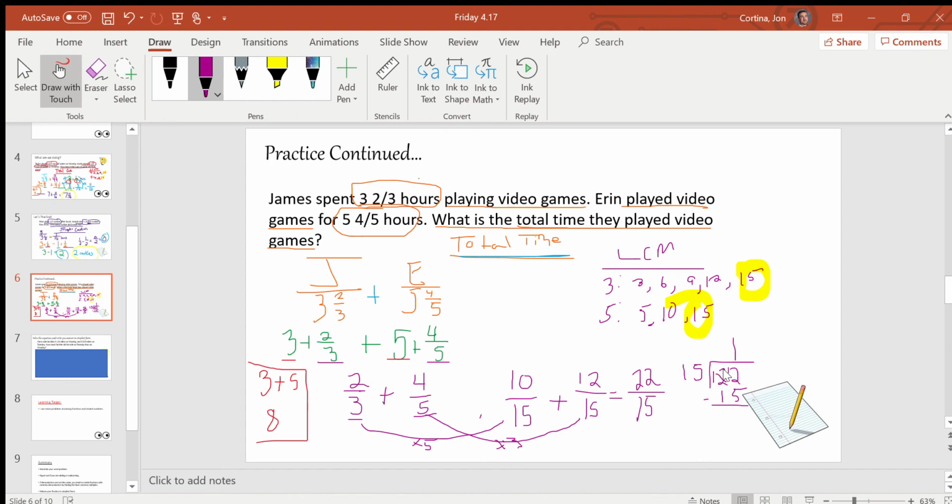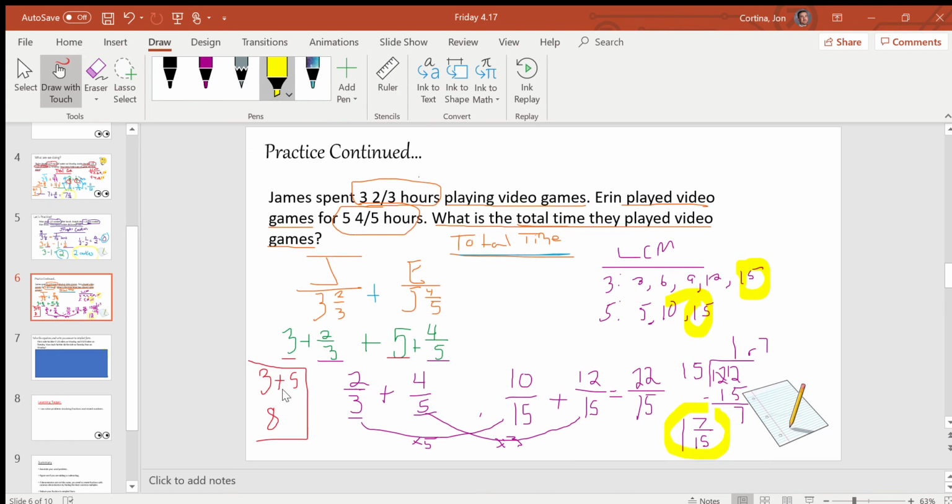This turns into a 12. 12 minus 5 is 7. 1 minus 1 is 0. And our remainder is 7. So we're left with a mixed number of 1 and 7/15. That number cannot be reduced into anything simpler. So we're left with our mixed number over here.